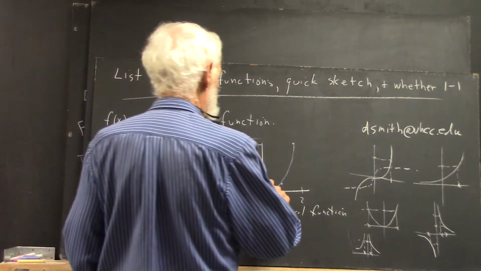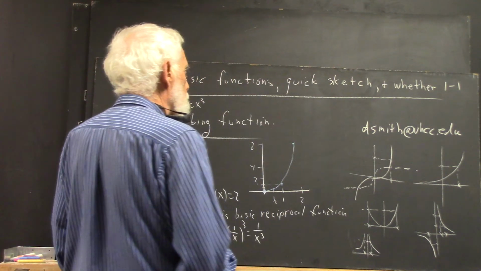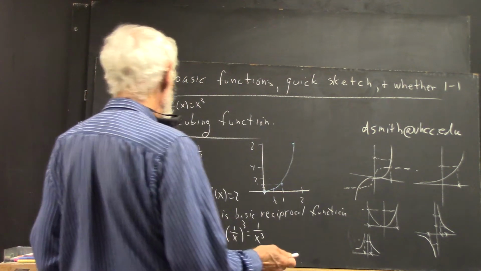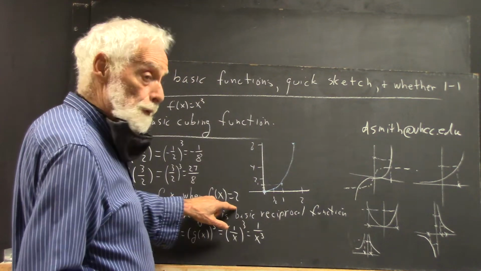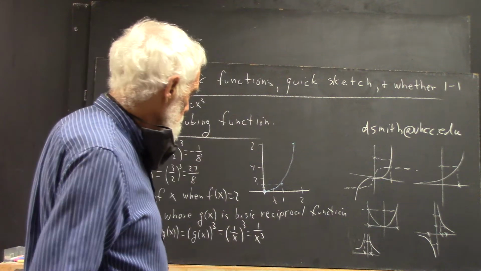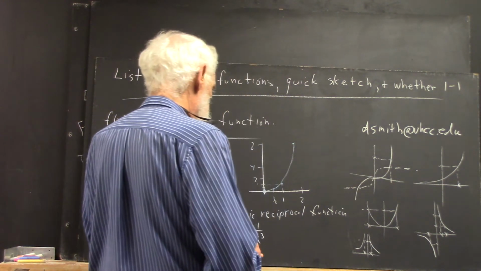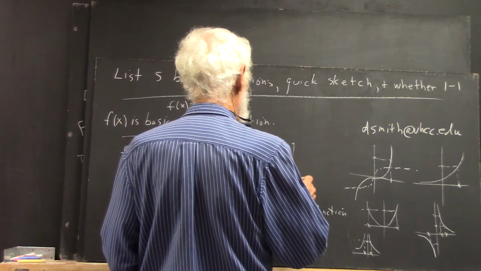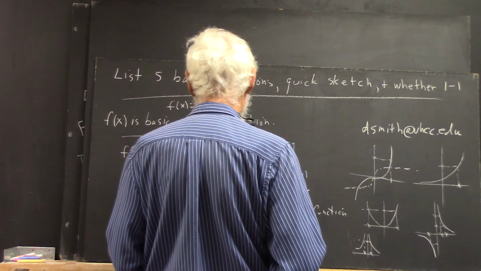Now this is the extended basic cubing function. And of course the value 1 goes with x equals 1. What about the value 2? Now we're saying for f of x equals 2, right? Let's be careful, let's be clear. So at x equals 1, we have the point 1, 1.